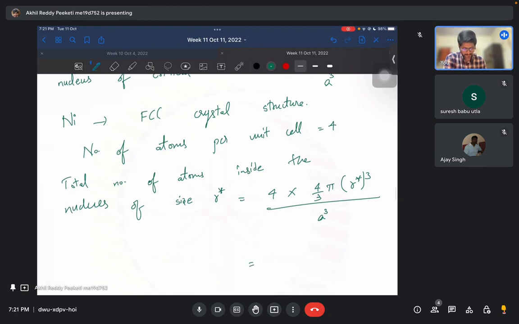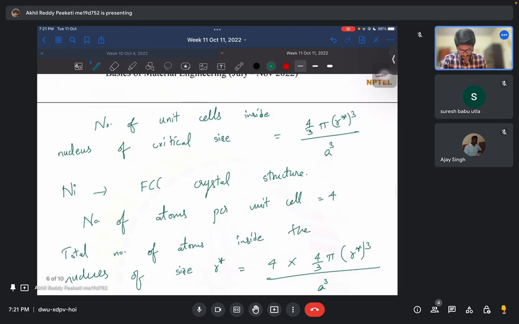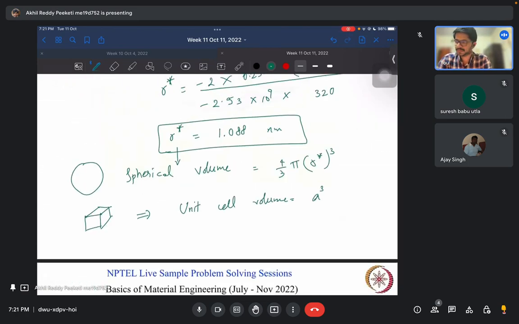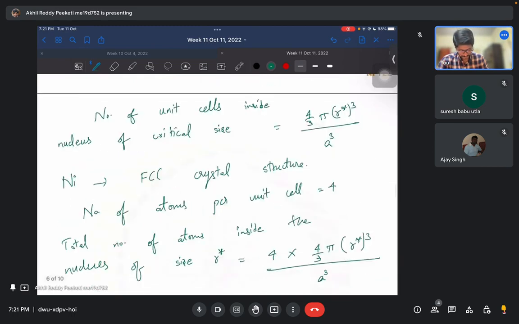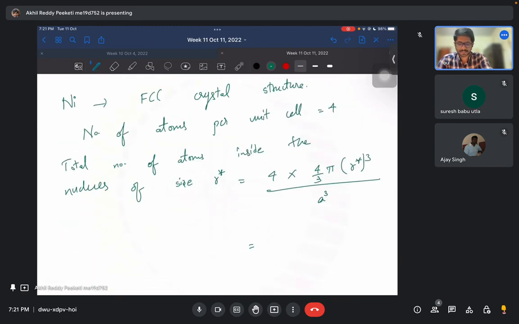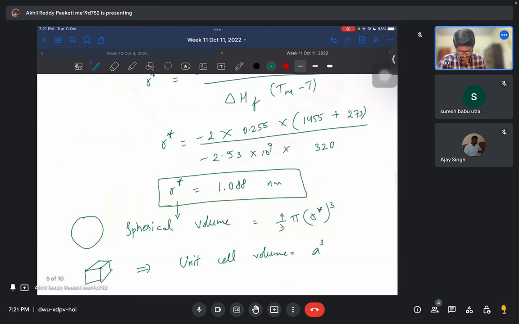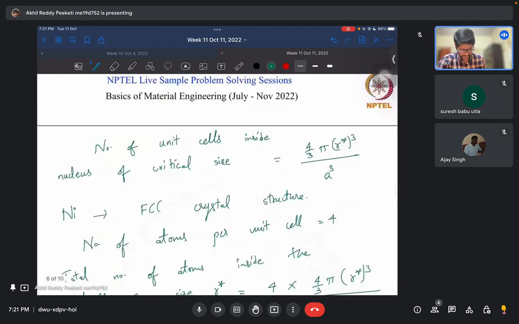Okay, so let me calculate this. 4 into 4 by 3 into pi into r star. So we got 1.08 nanometer. So 1.088 whole cube by a cube, which is 0.36 nanometer cubed.